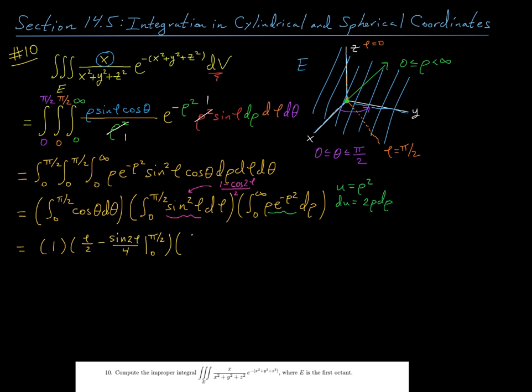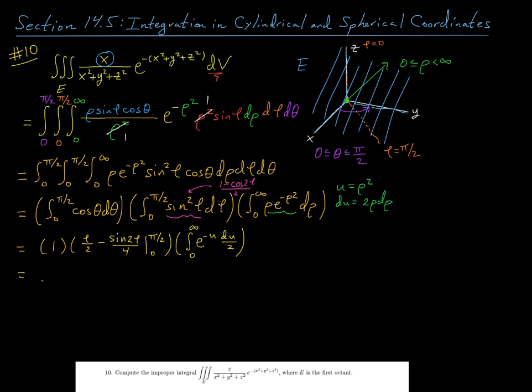Well, we'll get the integral of e to the minus rho squared, so that'd be e to the minus u. And then rho d rho is just du over 2. And then let's go ahead and change the bounds. So if rho is 0, u would be 0. And as we let rho approach infinity, then u would approach infinity. So we're looking at that.